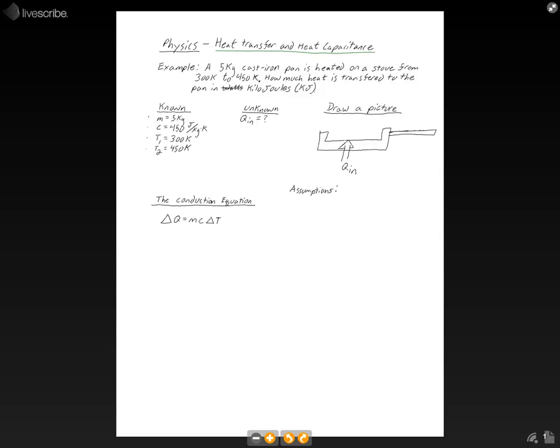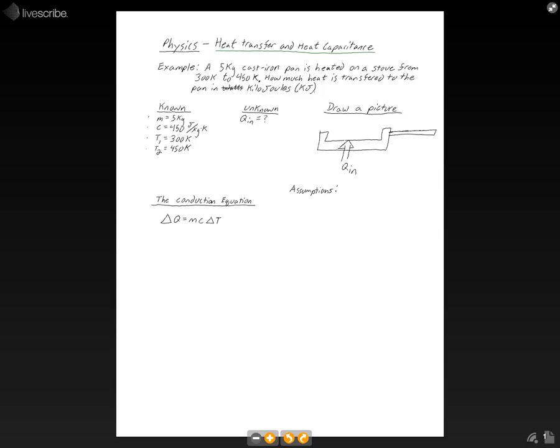And then what we're trying to find is the amount of heat going in, so Qin. Typically energy is denoted E, but for Q that's just a standard notation implying heat transfer.